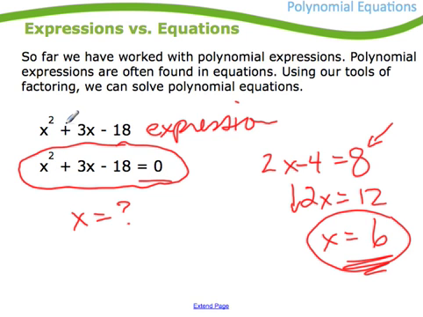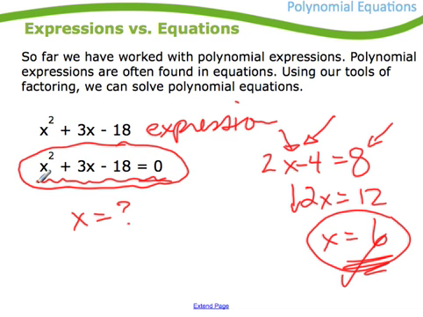Unfortunately, when I have a quadratic equation like this one, I cannot solve it the same way I did a linear equation. Here I added both sides, divided both sides, I was done. In this case, I can't move the 18 over to the other side. Well, I guess I could, but it doesn't do me any good.